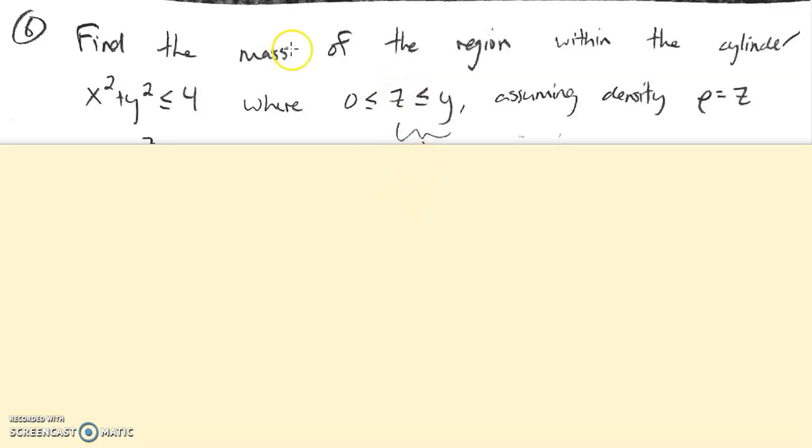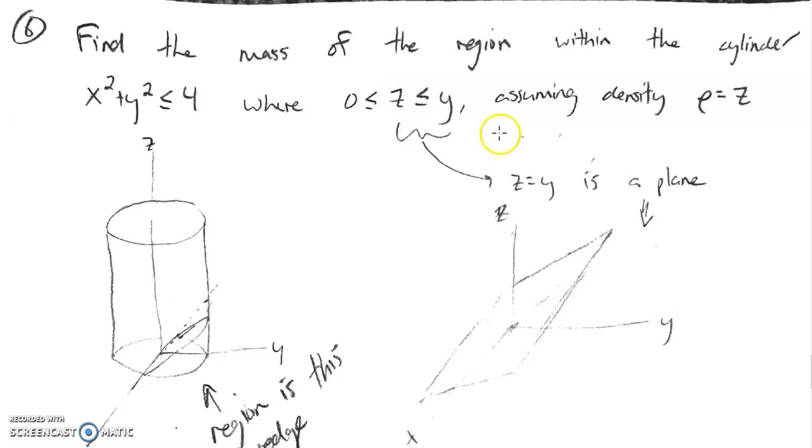And then we assume that density is a density function of x, y, z equal to just z. So there are a couple things here. If I take y equals z, then that would be this plane right here. If I take z less than y, but bigger than 0, then that would be the space underneath of this plane, but above the xy plane, right?